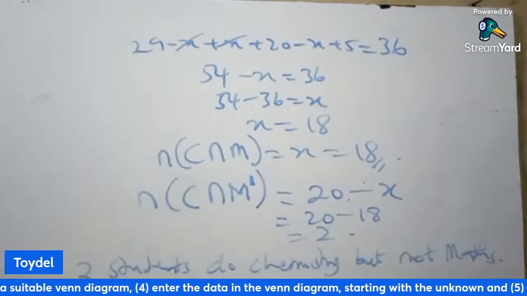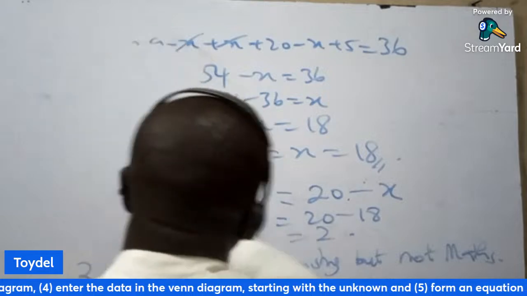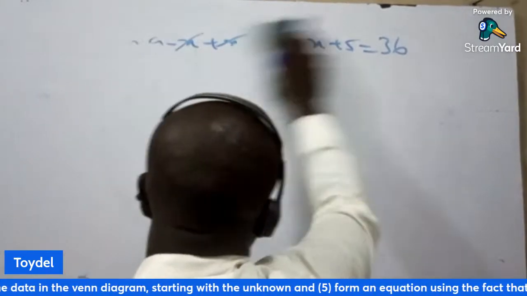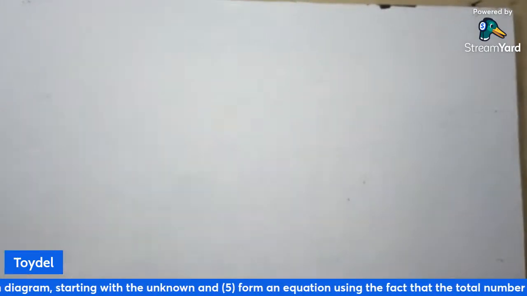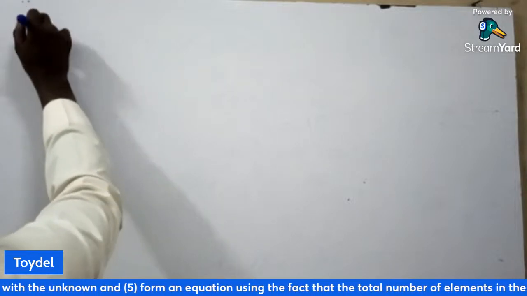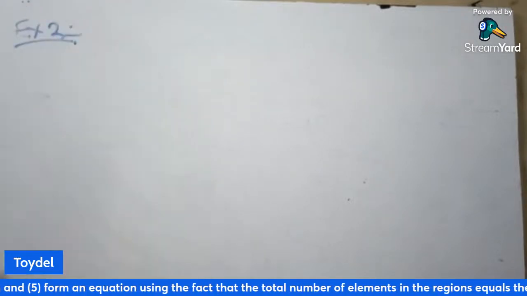So we take another example. Let's take another example. That example is still under Venn diagram that has just two subsets.